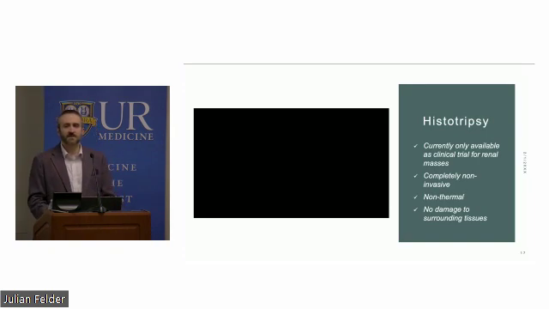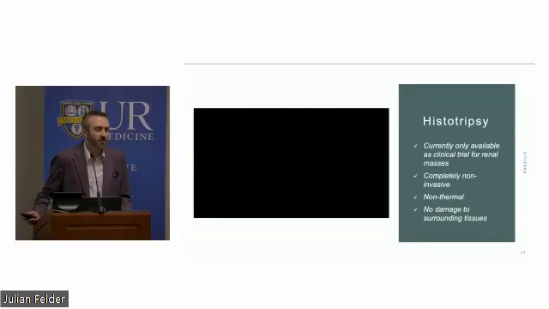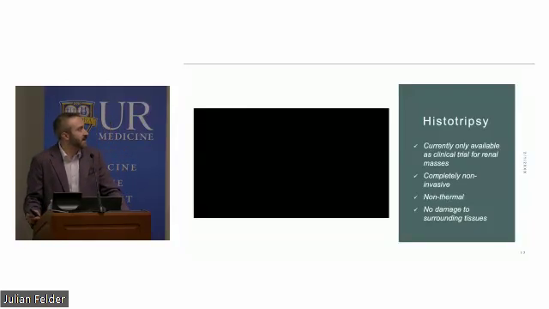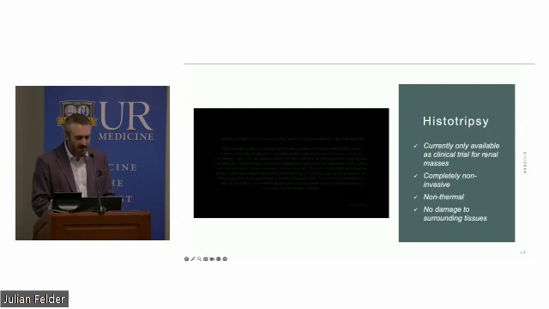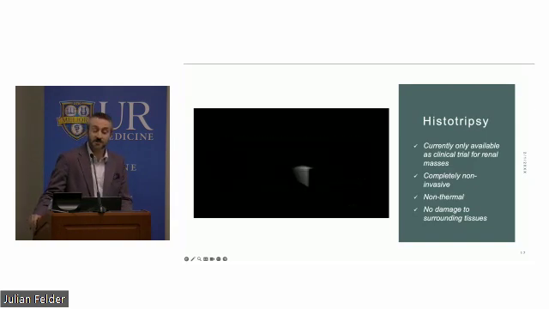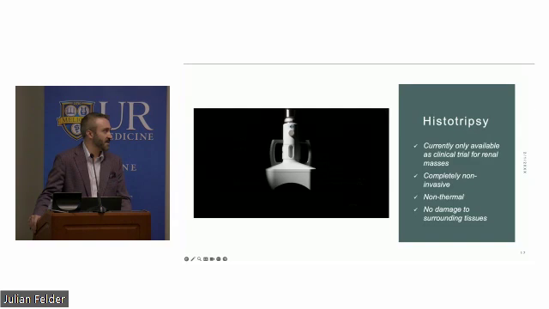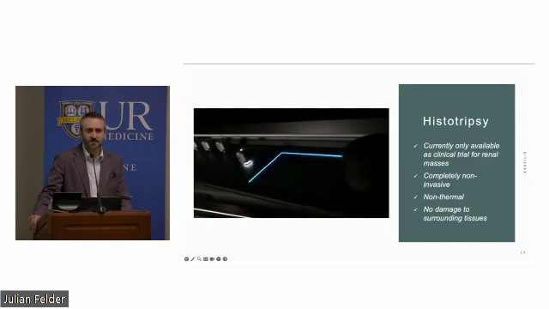This is a newer technology. It's not currently available for widespread use. We're participating in a national clinical trial right now on this. It's a technology that is currently FDA approved for the destruction of liver tumors. It's pretty cool though, and we're all very excited about it. It's called histotripsy.